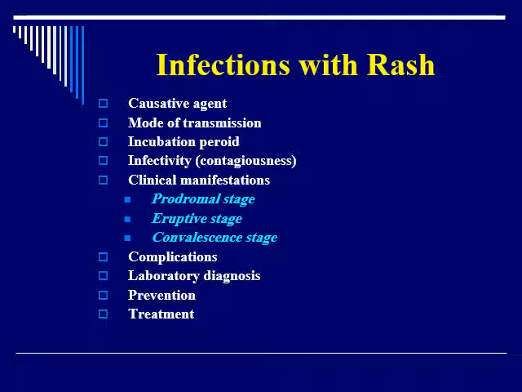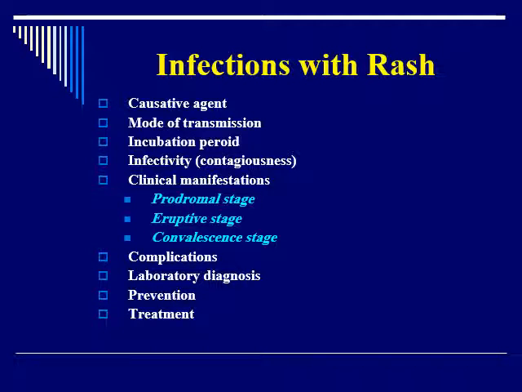We will discuss also the clinical aspects, and we will classify the clinical manifestations of infectious disease with rash into prodromal stage or early disease, eruptive stage or stage of the skin rash, and the convalescence stage or the stage of fading of the rash and the defervescence of the fever.